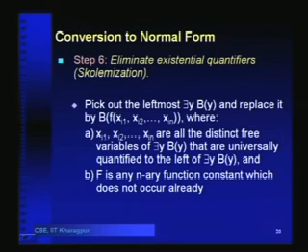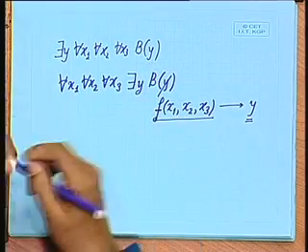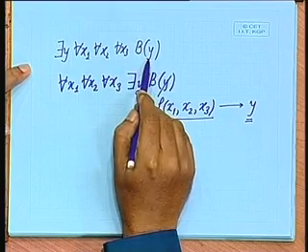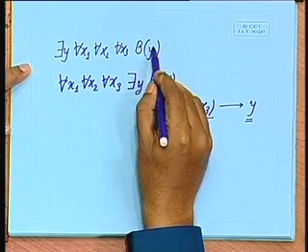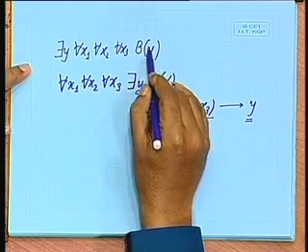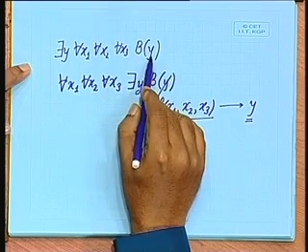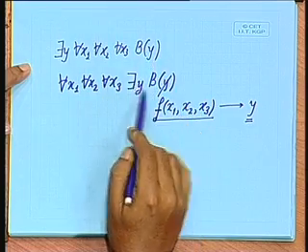Now, one thing that none of you asked me here was: look, if this predicate does not have x1, x2, x3, then how does it matter?